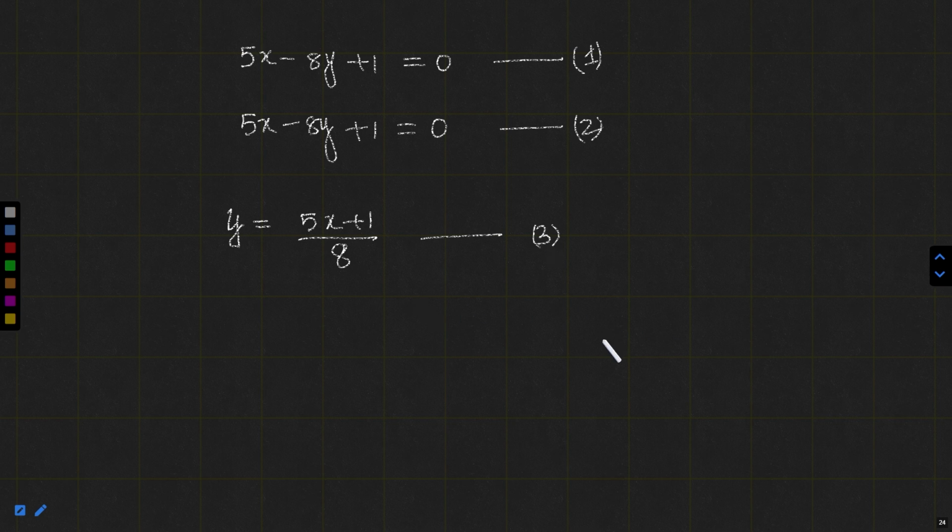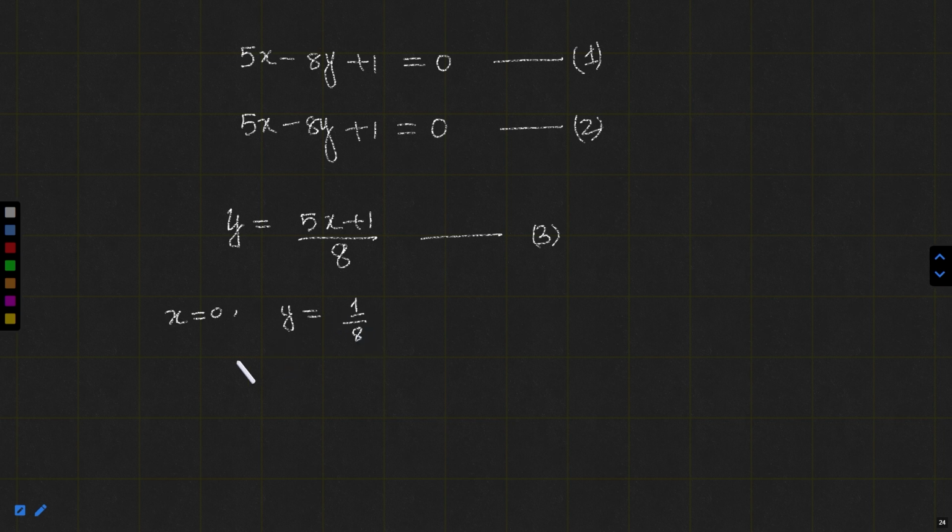Now we take some values of x, and we'll get some corresponding values of y. If we take x is 0, then we'll get the corresponding value of y equal to 1 by 8.